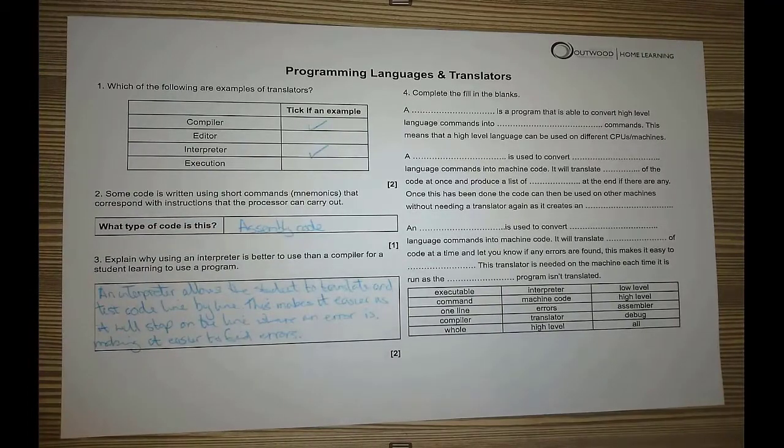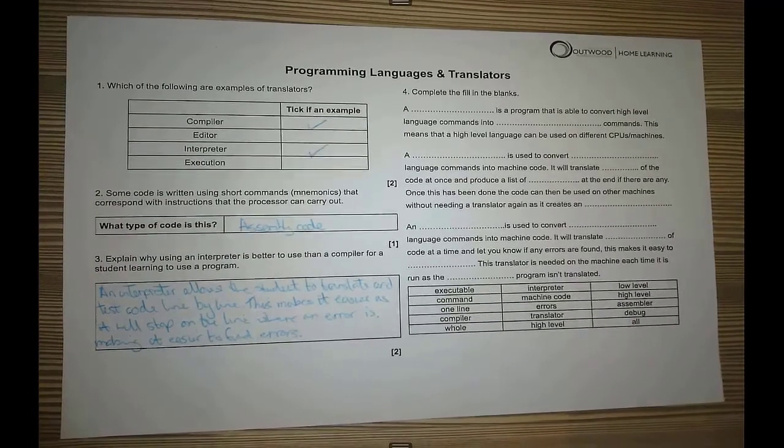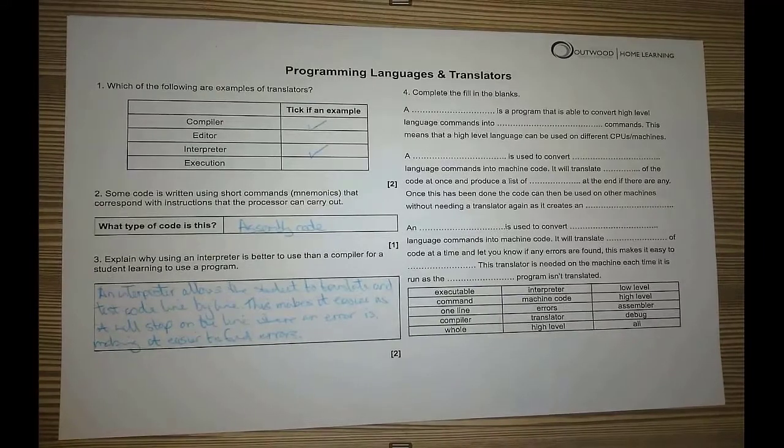Okay, so an interpreter allows the student to translate the code line by line. This makes it easy as it will stop on the line where the error is, making it easier to find errors. Okay, moving across to the second part then.